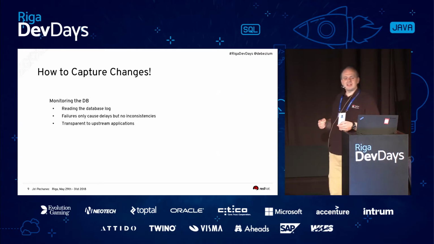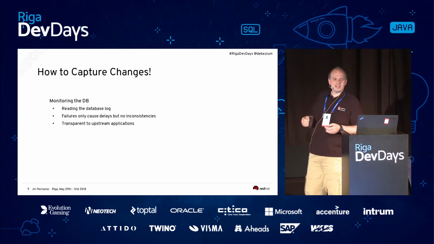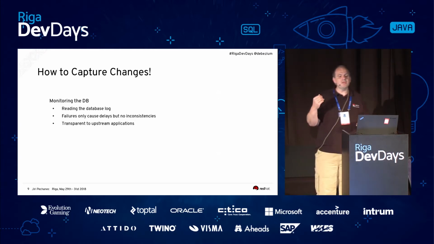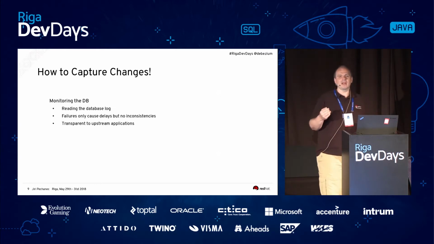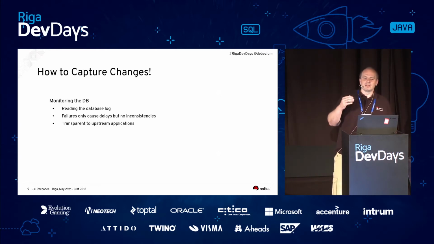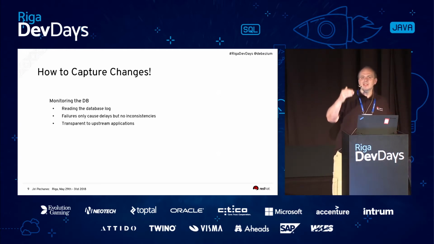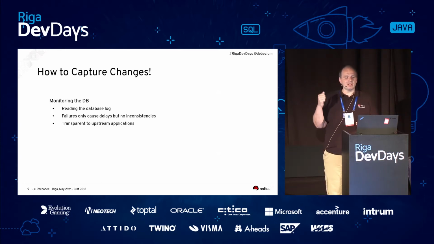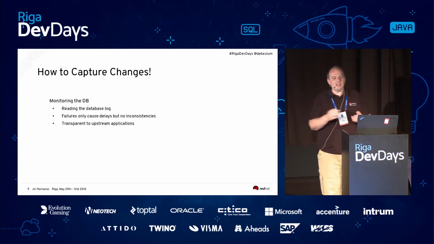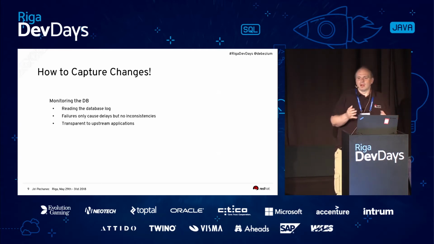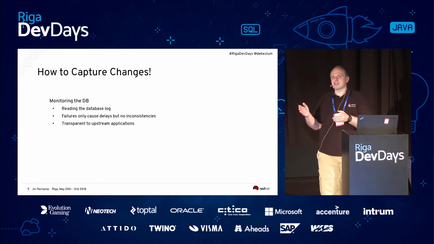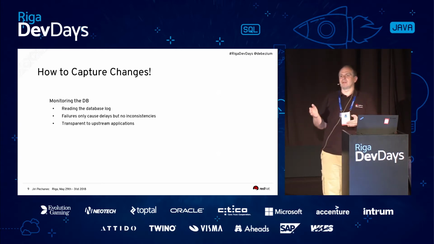So let's look at how we believe it should be done correctly and non-intrusively. When we would like to detect the changes in the database, we would read the database log. The database log contains records of all changes made to the database.